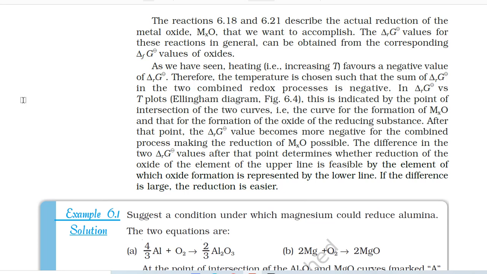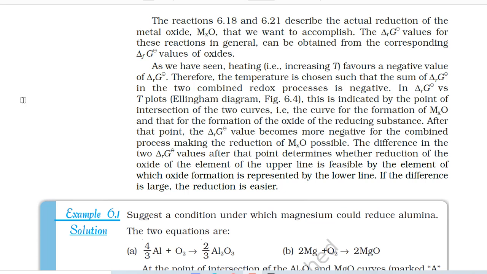In ΔG° versus T plots, in the Ellingham diagram, figure 6.4, this is indicated by the point of intersection of two curves, that is, the curve for the formation of MxO and that for the formation of the oxide of the reducing substance. After that point, the ΔrG° value becomes more negative for the combined process, making the reduction of MxO possible.